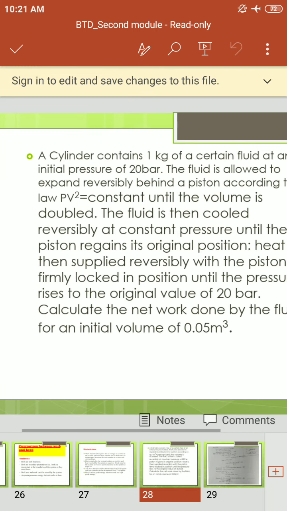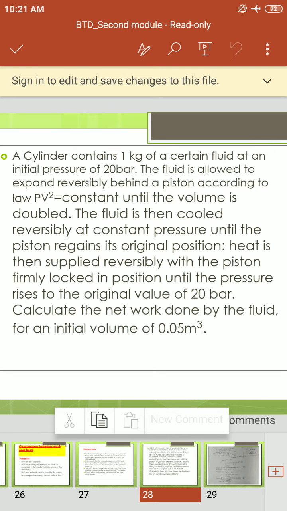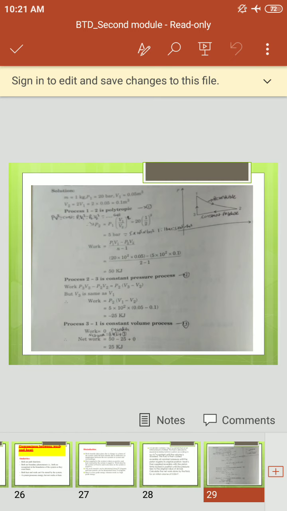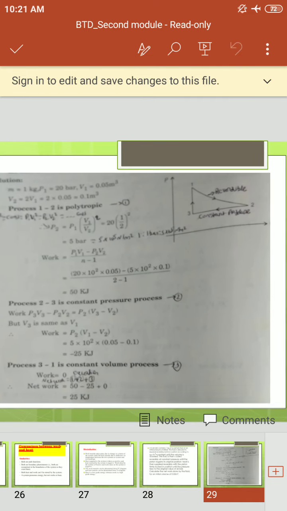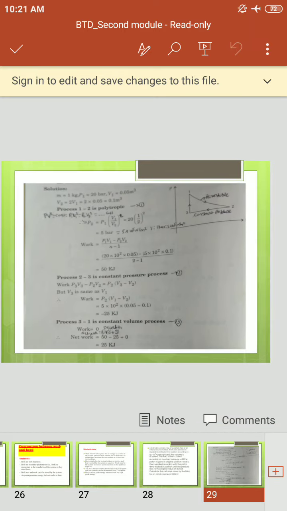Last one. The fluid is then cooled reversibly at constant pressure until the piston regains its original position. Okay, up to reversible this is over. Here, this is 2 to 3.